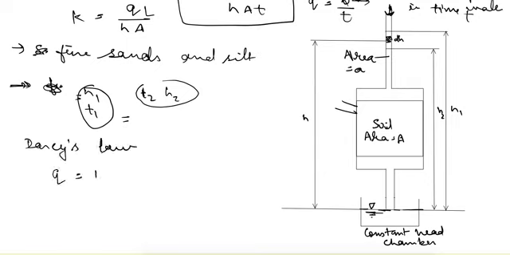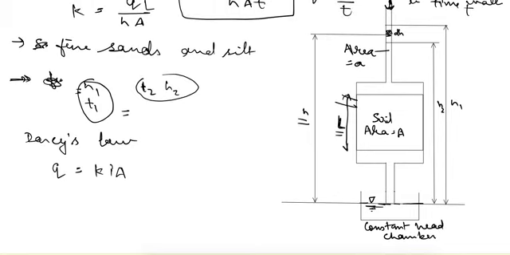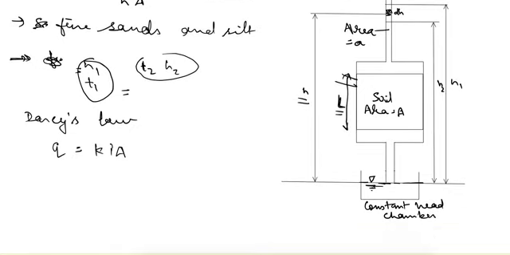Q is equal to K I A, and if I say for a particular height h, in this case the length will be taken as the length of the sample, because the pipe is inserted from the top, so flow will be carried through the whole sample, and we are measuring the difference between this lower level and this upper level.